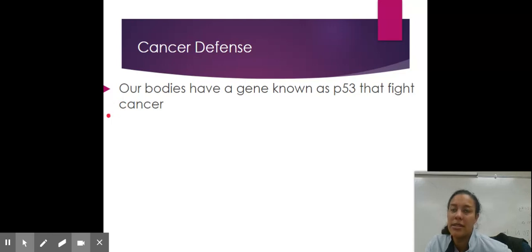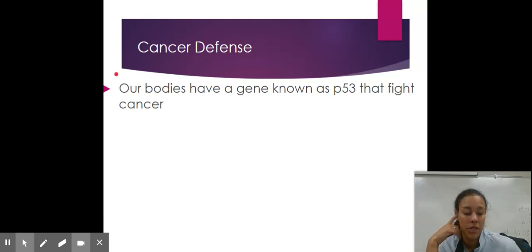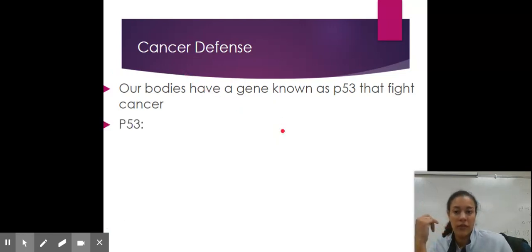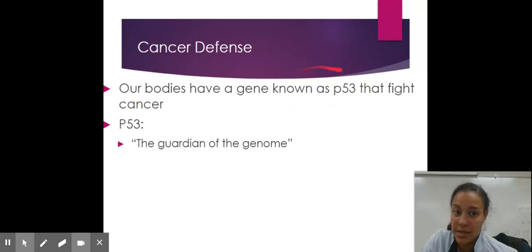Our bodies defend against cancer in multiple ways besides our cyclins and CDKs, and then beyond our checkpoints that we have. We all have these genes called P53 genes. And in cancerous cells, in about 50% of the cases, there is a mutation with the P53 gene. And so there's some sort of issue going on where these genes no longer can fight off cancer.